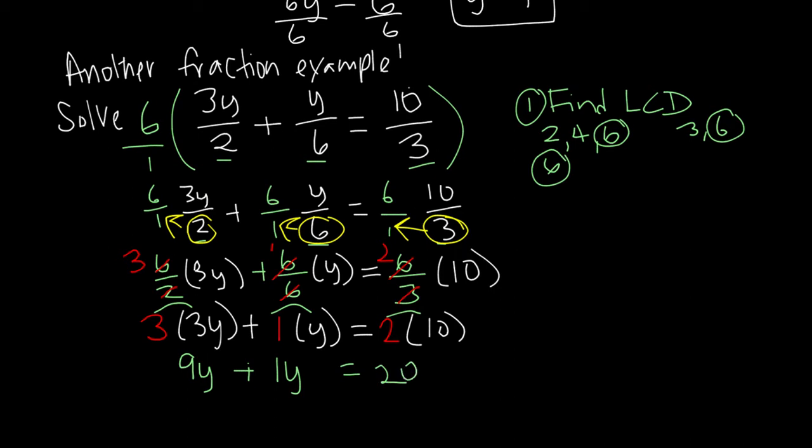And now we want to combine, so on the left side we have 9y and 1y, which combine to 10y equals 20. And last step to solve for y is divide by 10 on both sides, and we get y equals 2.